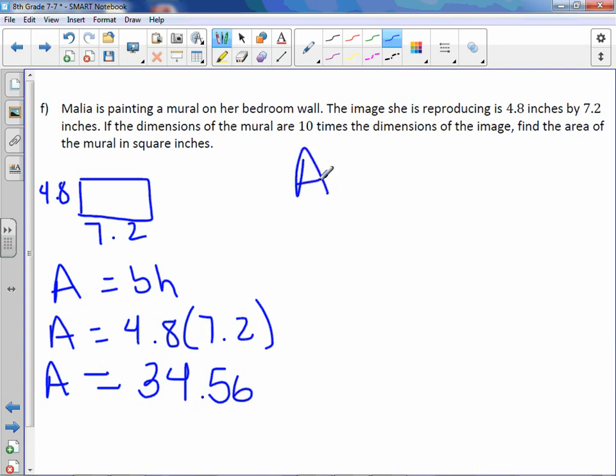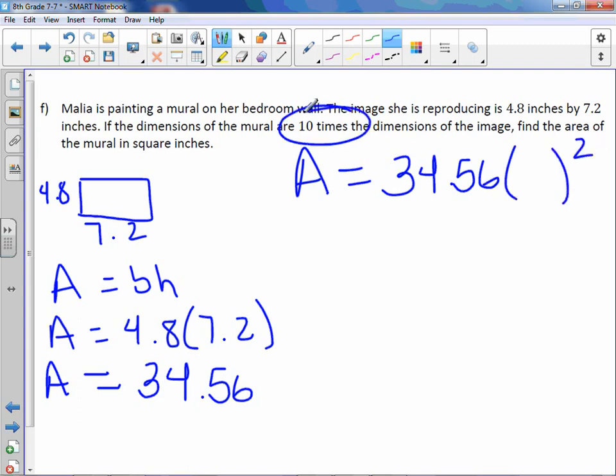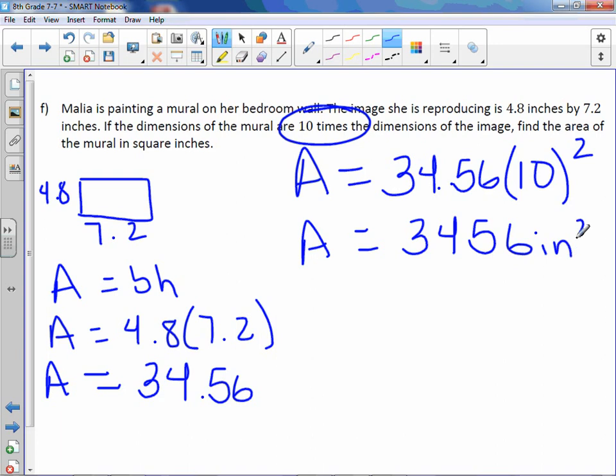So our new area is going to be our old area times the scale factor squared. It's going to be 10 times the size, so it would be 10 squared, which means the area is 3,456, and we are talking about inches, so inches squared.